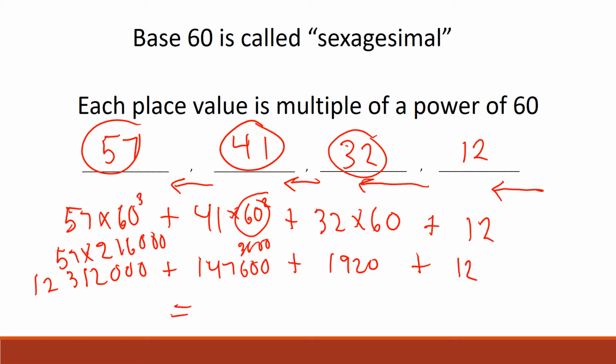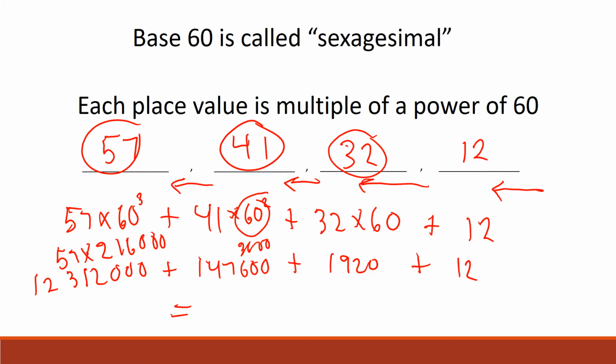So you would add up all of these numbers: 12,312,000 plus 147,600 plus 1,920 plus 12.